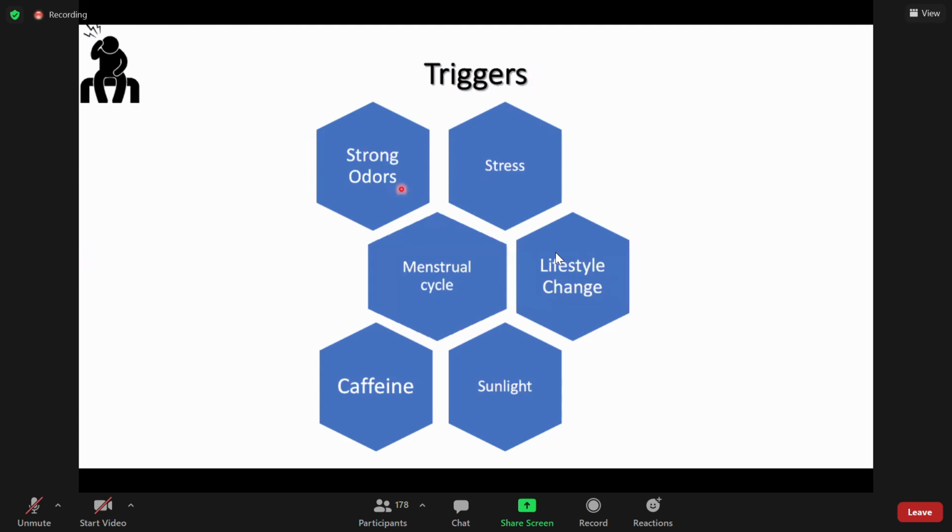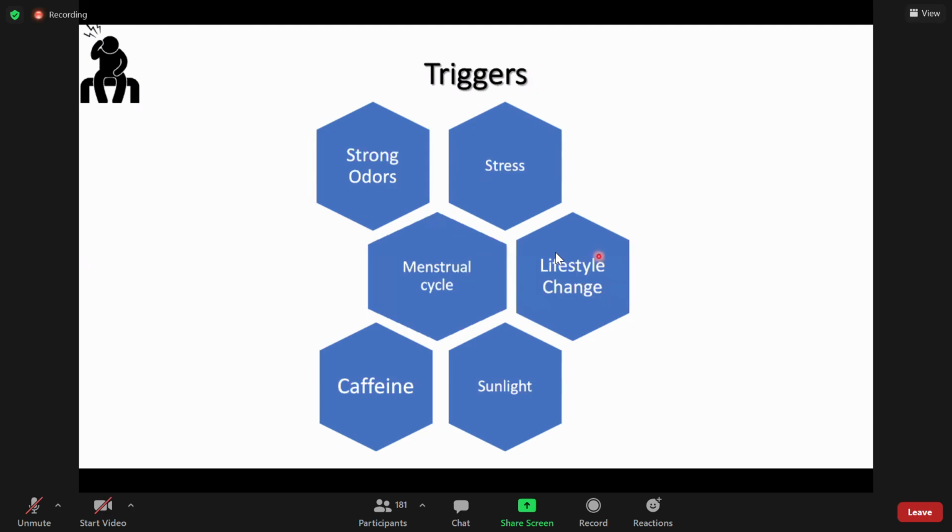It doesn't need to be a bad smell. A pleasant perfume may cause headache. Stresses of life, of course, cause headache, either tension type or migraine, but if the patient is susceptible to migraine, it may trigger an attack. Menstrual cycle, changes in the hormones, lifestyle changes.